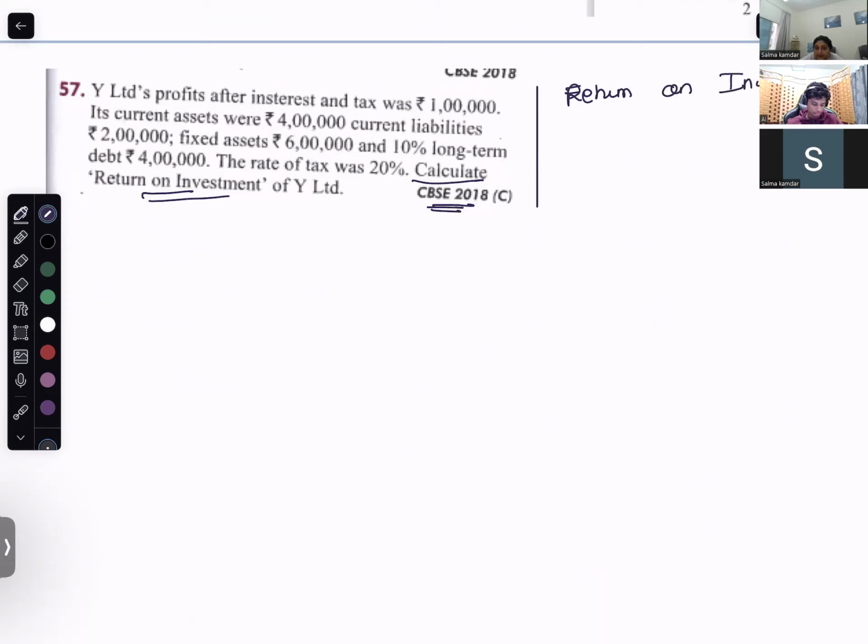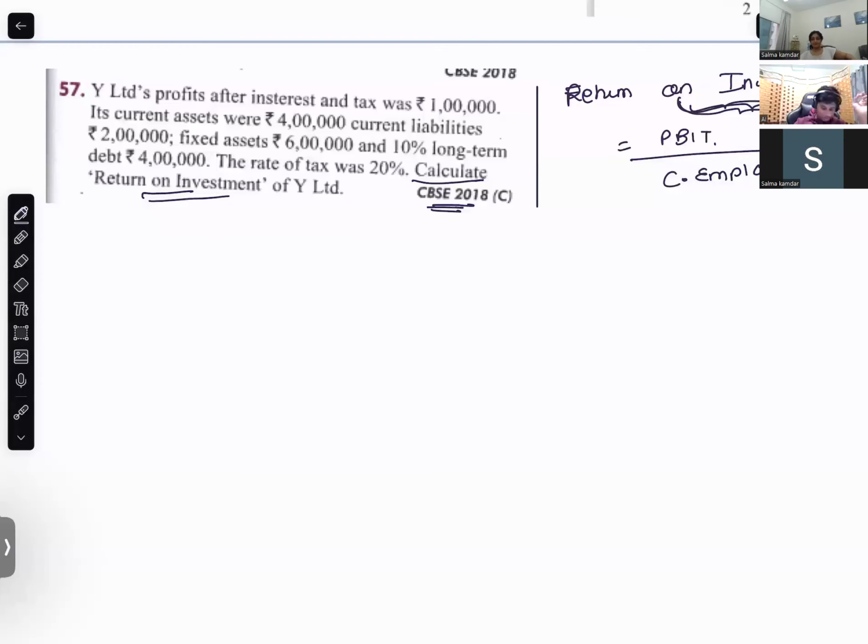PBIT, capital employed. Very good. Try finding first the PBIT, then your capital employed, and give me the answer.